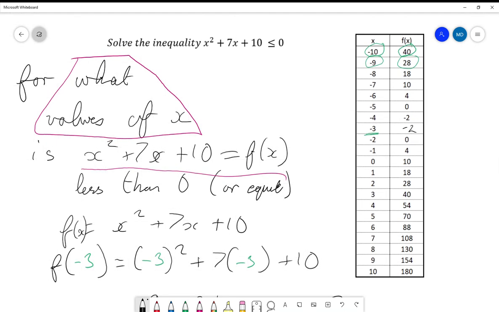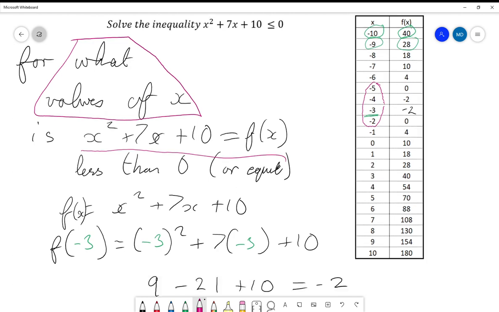And now looking at this, we can probably answer the question, what values of x is this quadratic less than 0? Well, it's these ones here. For it to be less than or equal to 0, negative 5 gives us 0, negative 4 gives us negative 2, negative 3 gives us negative 2, and negative 2 gives us 0.